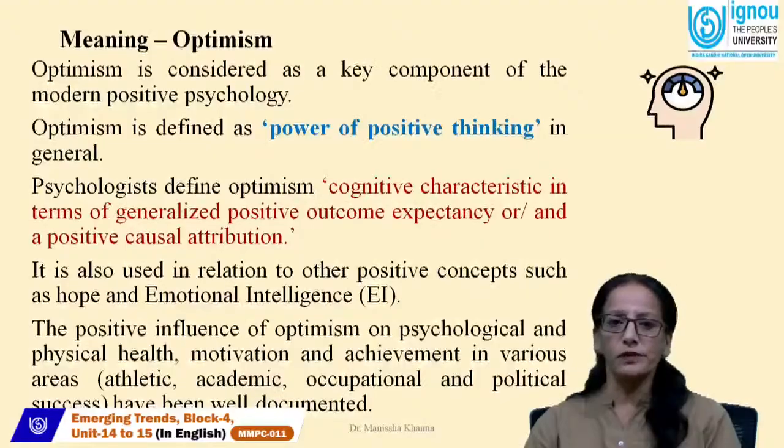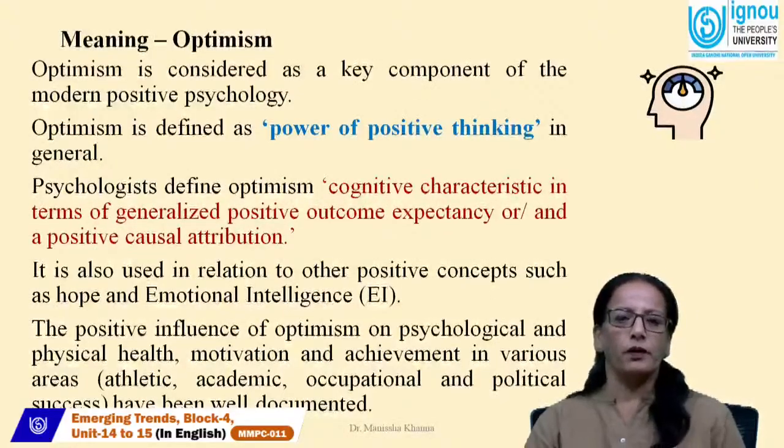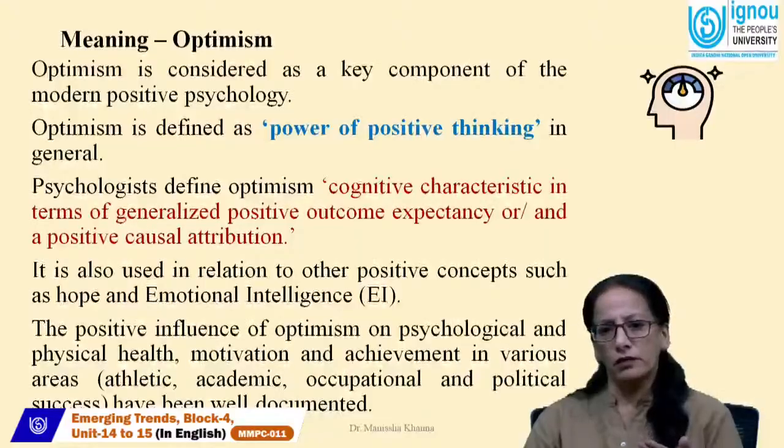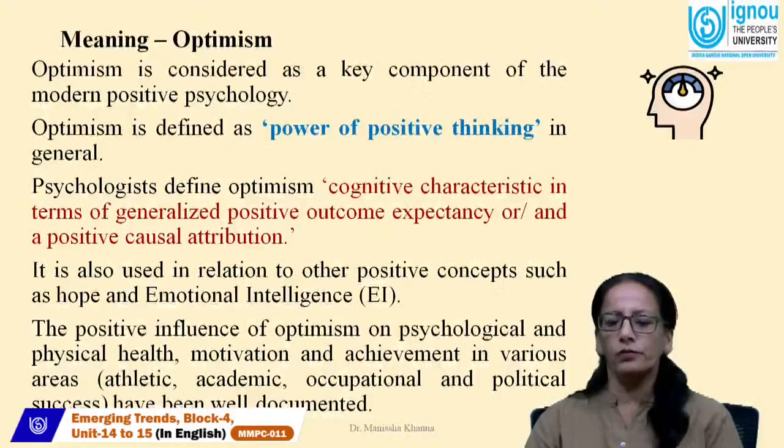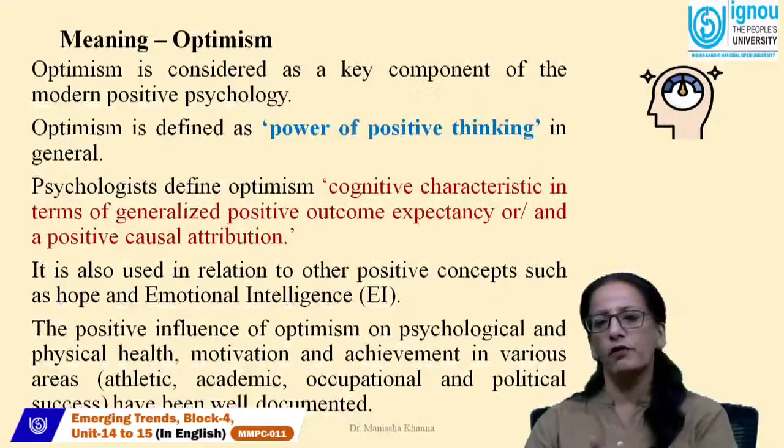optimism is a very important dimension of one's personality. Optimism is considered a key component of modern positive psychology. In a general manner, optimism is defined as the power of positive thinking.